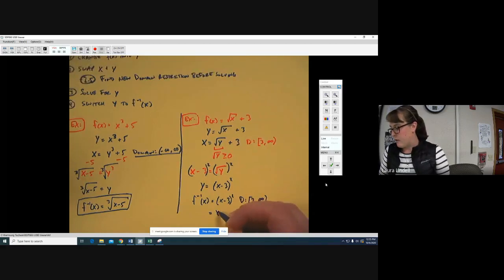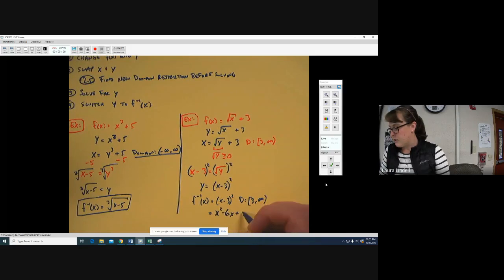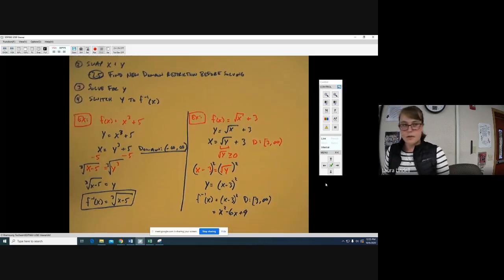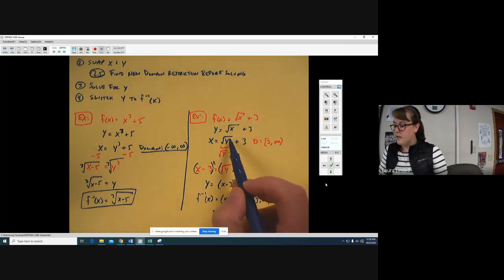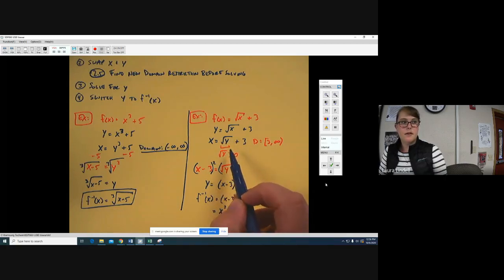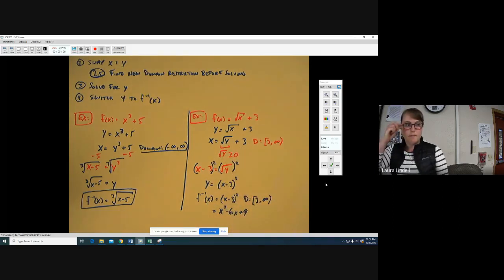You can go x squared minus 6x plus 9 if you'd like. But yeah, we might think, okay, this doesn't have a domain restriction. It only does because the original form of the inverse has a domain restriction. So before we solved and put it in a nicer format like this, there was a restriction on the domain. So that's why.